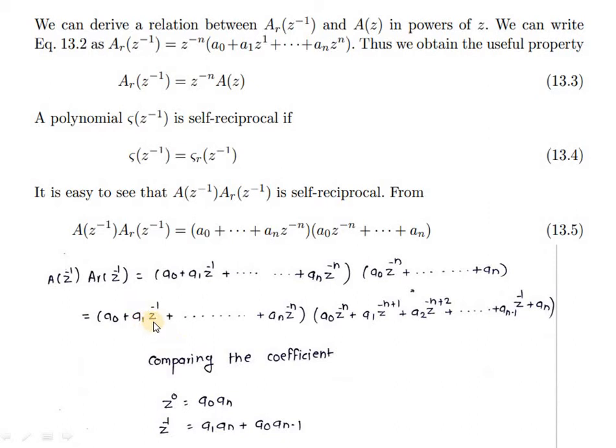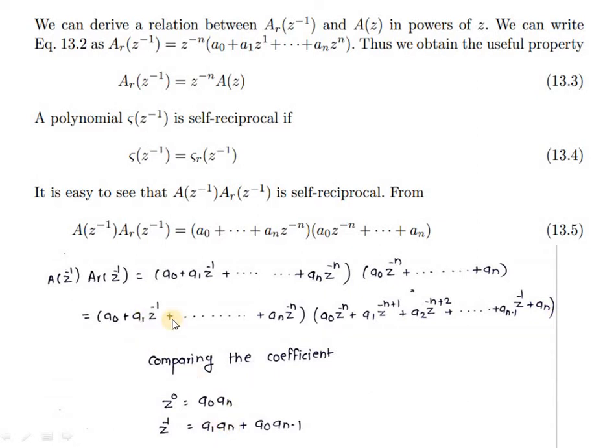Likewise we also have to collect the terms for z raised to minus 1, that is the coefficient of z raised to minus 1. For this, when we multiply this a1 into z raised to minus 1 with an, it becomes a1 an into z raised to minus 1.